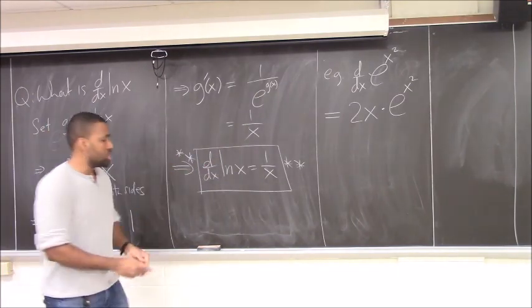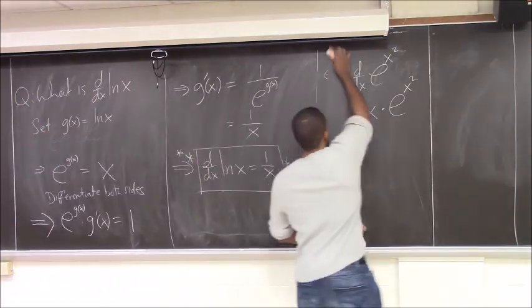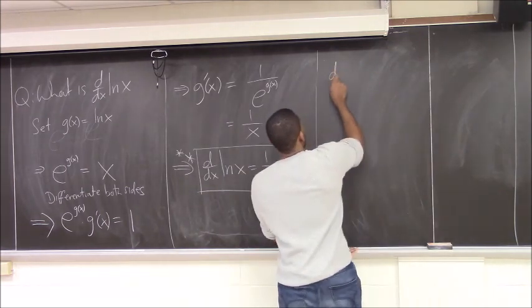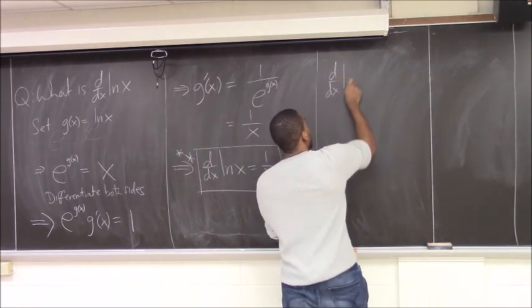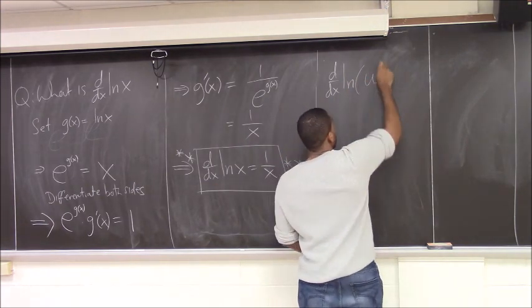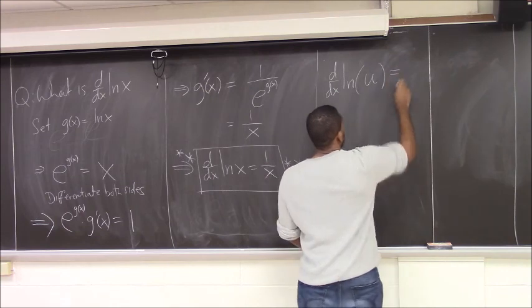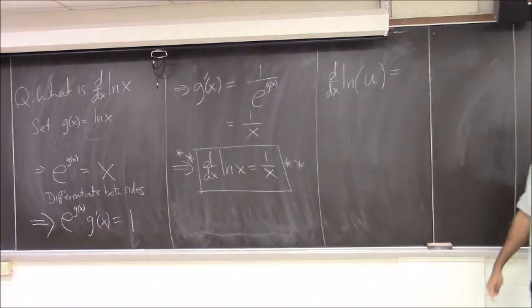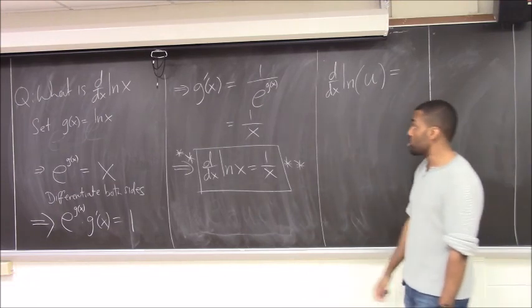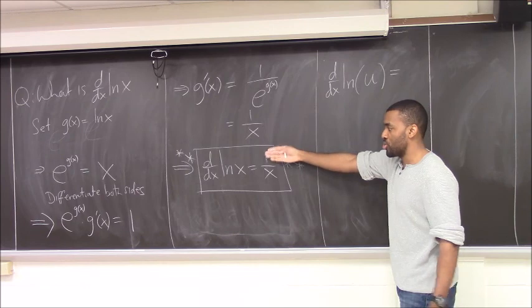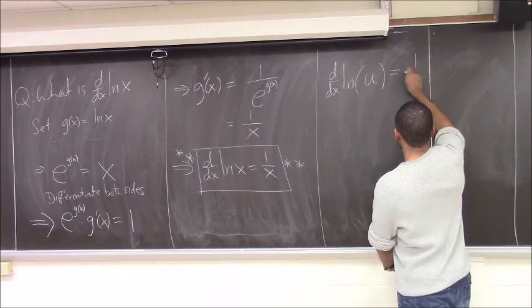I can generalize this rule as well using the chain rule. So if I have the derivative of ln, let's say it's not just x, it's a whole function like u. Once you have something plugged inside that's not just x, you have to apply the chain rule, which basically says differentiate the outer function, but the derivative of the outer function is just 1 over the thing that's being logged.